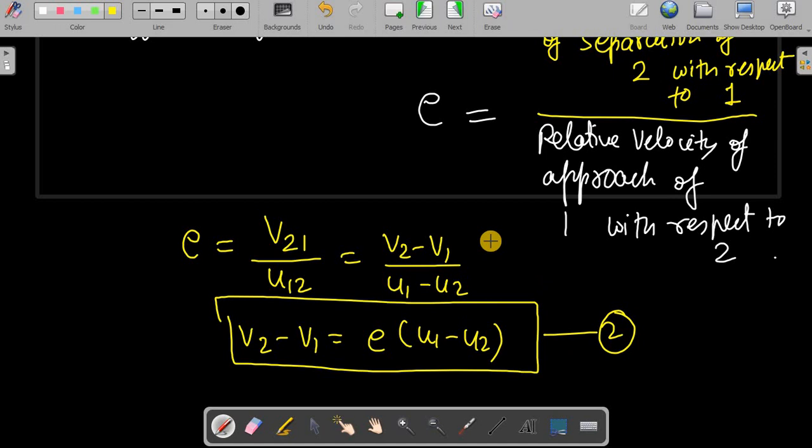Now this equation 2 and the first one, which was momentum conservation, m1 u1 plus m2 u2 equal to m1 v1 plus m2 v2, can be solved.